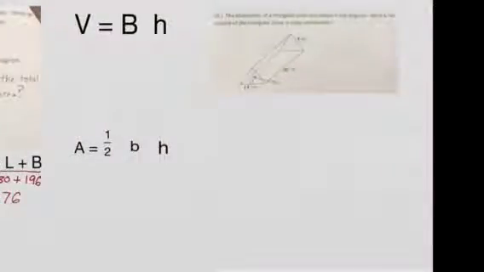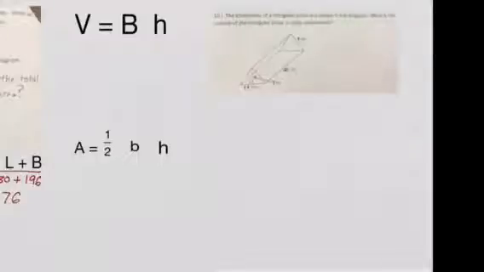Question 10. The dimensions of a triangular prism are shown in the diagram. What is the volume of the triangular prism in cubic centimeters? So, to find volume, we know the formula is volume equals base times height. Notice that's a capital B, so that means the area of the base, and the lowercase h means the height of the prism.